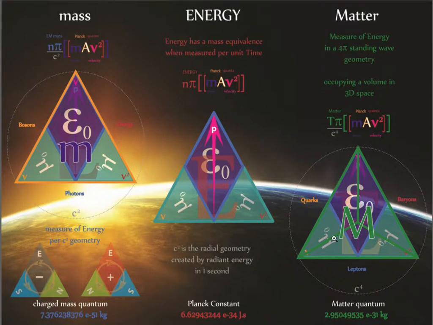Where this changes is obviously where you form tetrahedral geometries, and only one side of the mass energy geometry will be expressed, the other side being buried inside the geometry of, well, the standing wave geometry of matter itself.